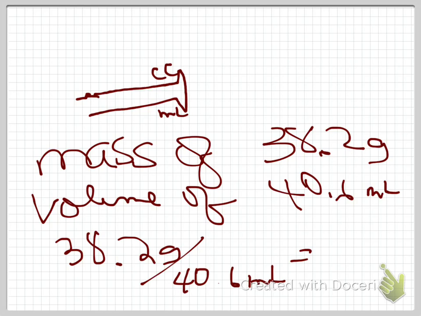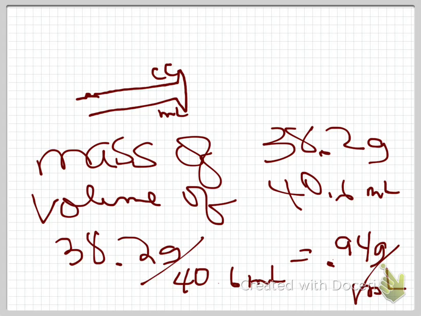But for now, 38.2 divided by 40.6 is 0.94 grams per milliliter. So there you go.